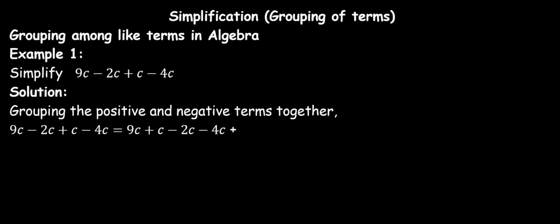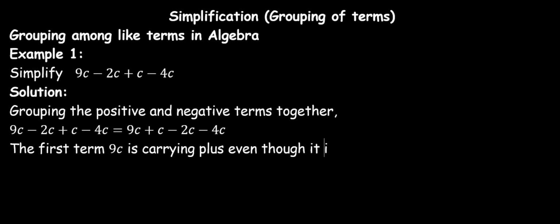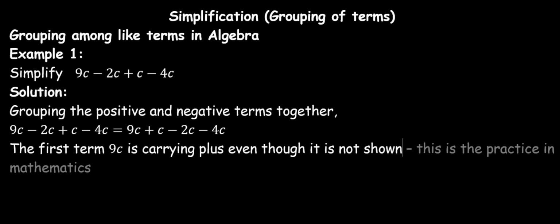The first term, 9c, is carrying plus, even though it is not shown. This is the practice in mathematics. Thus, we have equals to, when we do the addition, 9c plus c will be equal to 10c minus 6c, because minus 2c minus 4c will give us minus 6c.